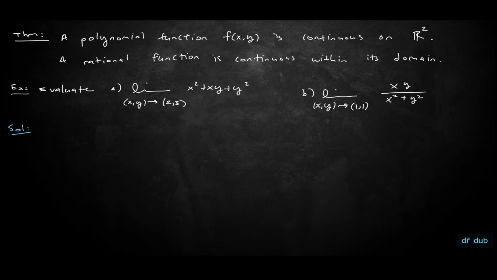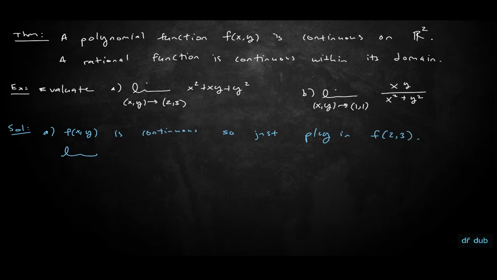So notice polynomials are continuous everywhere. So for part A, f of xy is continuous. So just plug in and get f of 2, 3.